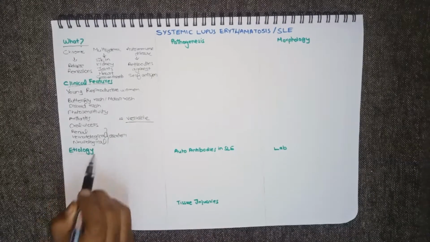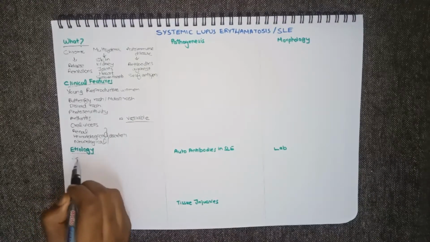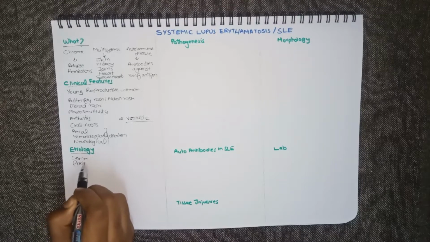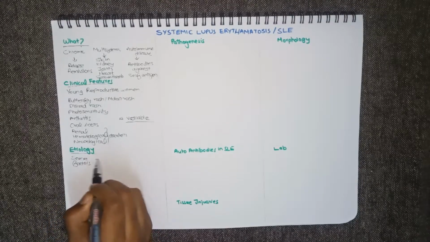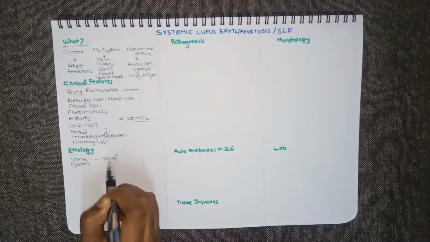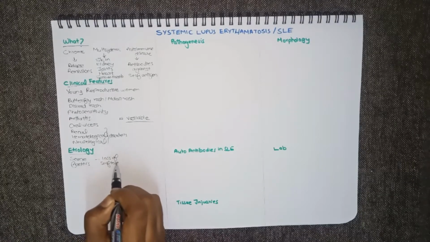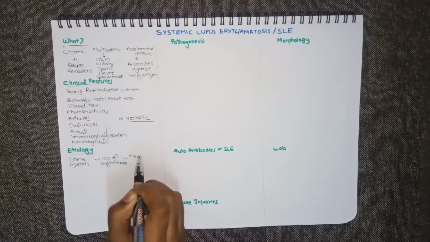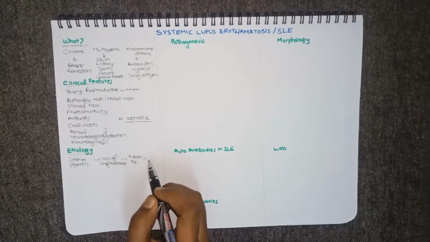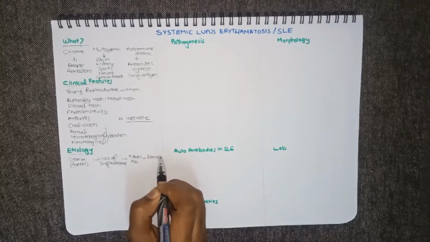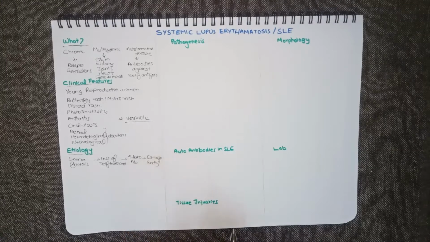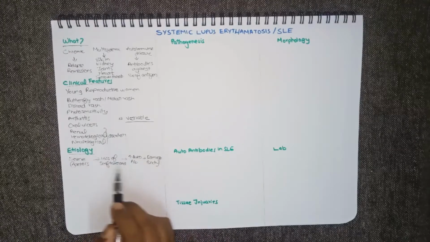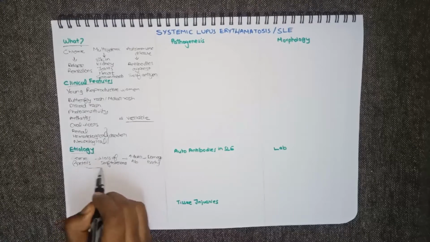Now, moving on to etiology. If we are to explain SLE in a single sentence, we can say that there are some factors which cause a loss of self-tolerance, and this in turn increases the number of autoantibodies that damage our body. Now, self-tolerance is a set of mechanisms that prevent our body from attacking our own cells.